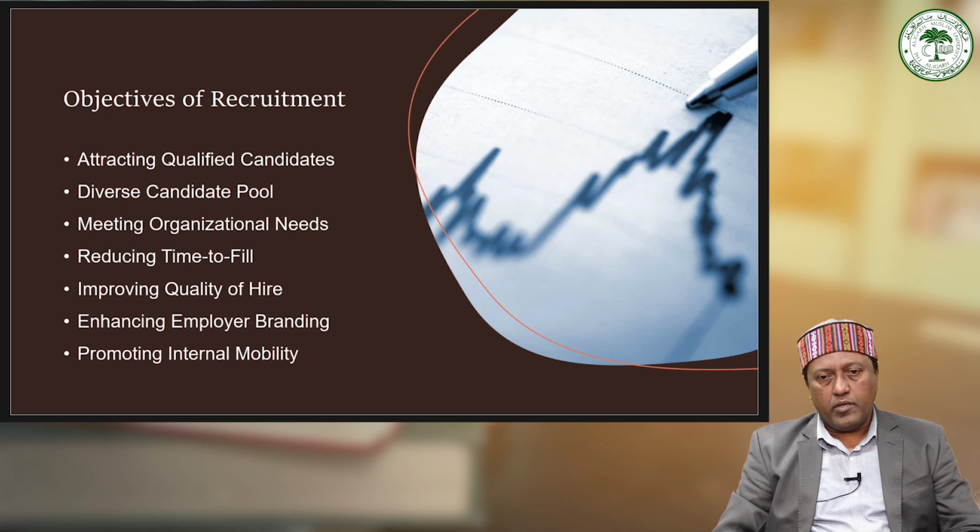Then, one more important objective is promoting internal mobility. I told you this, any organization has to promote internal mobility and career development opportunities for existing employees. If there is no good strategy for internal promotions, let me tell you, good people working in your organization will leave whenever they get a good chance.